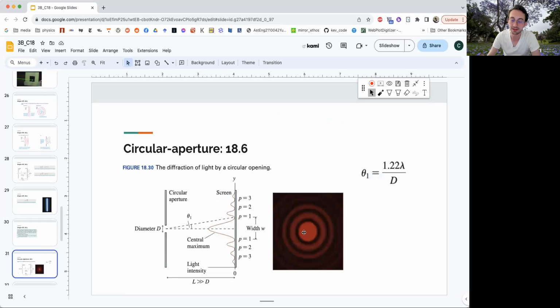And so we get something like the Target logo, right? We have a central bright spot, and then we have this dark ring that corresponds to the first dark spot. And we have the next one, so on and so forth.